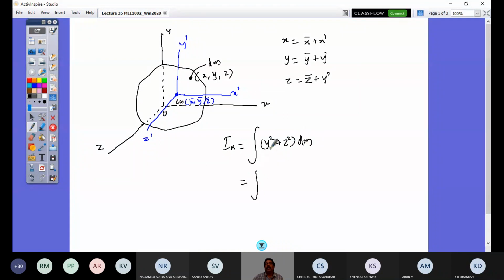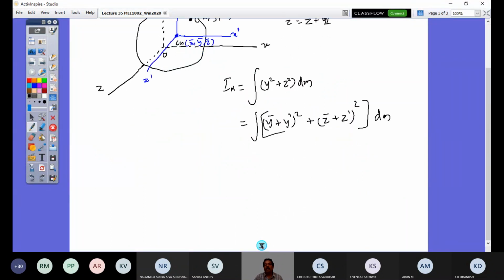If I substitute y as y bar plus y dash, squared, plus z as z bar plus z dash, squared, into dm, I would have y bar square dm plus y dash square dm plus 2 y bar y dash dm, all integrals, right?